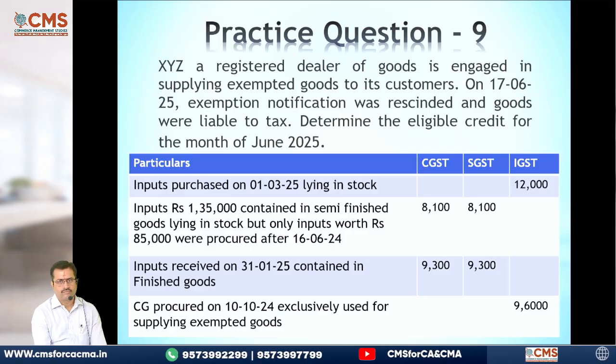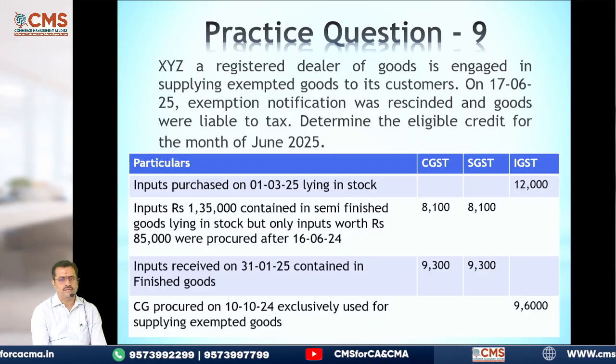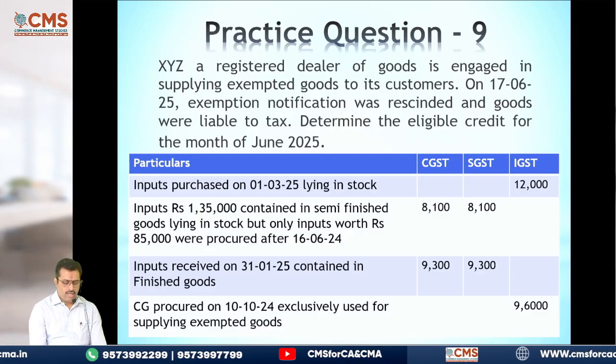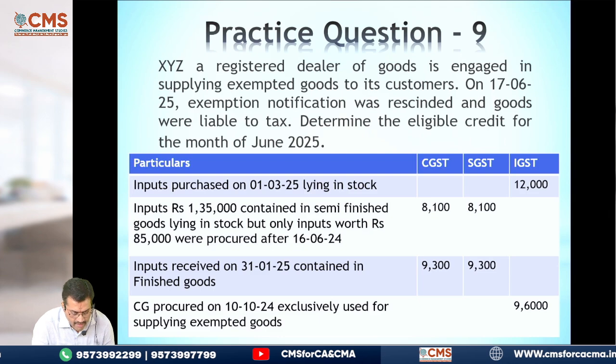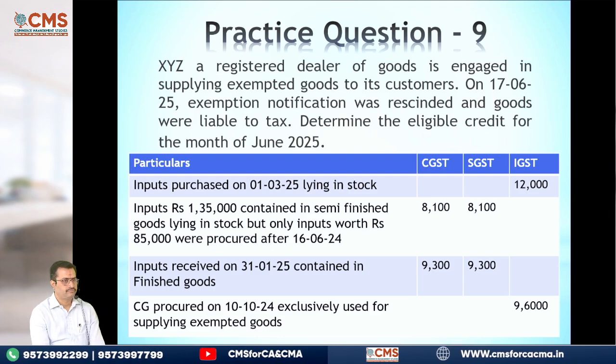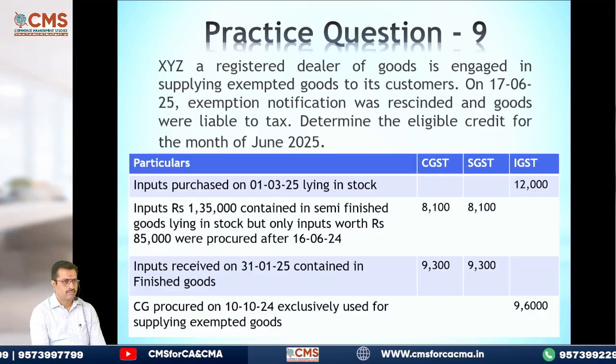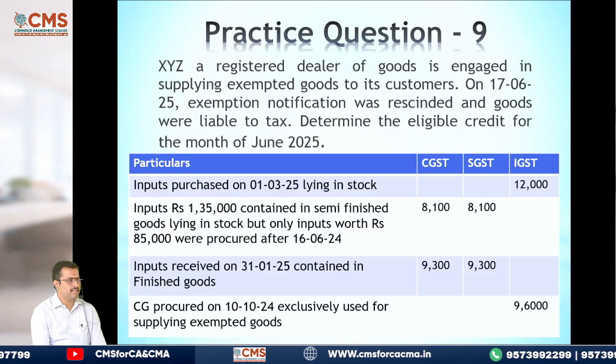Correct or not? Now total ITC available. How much? $14,400 CGST, SGST.